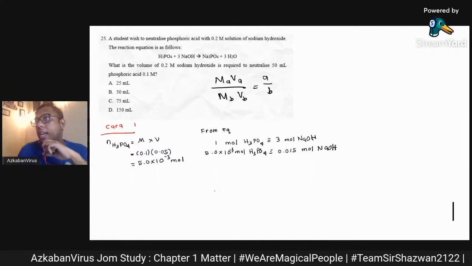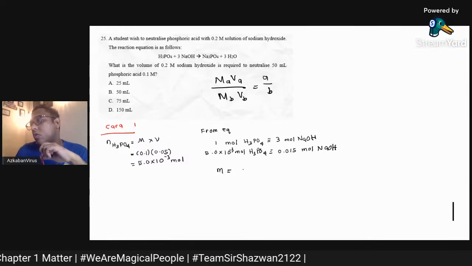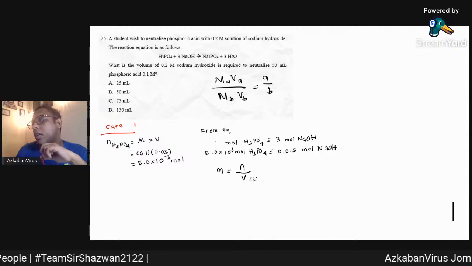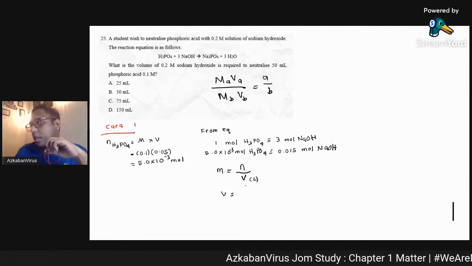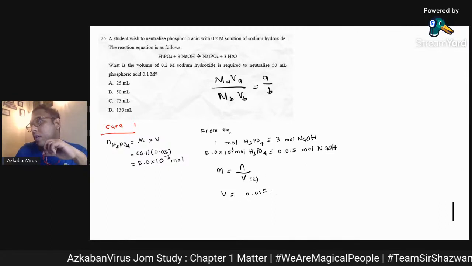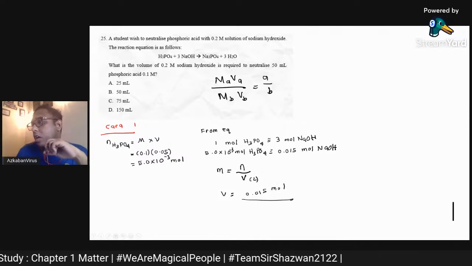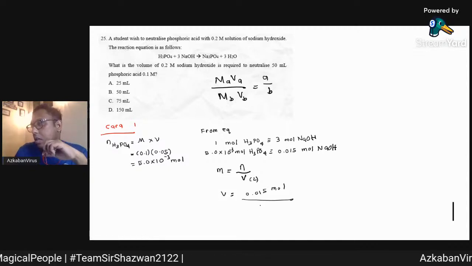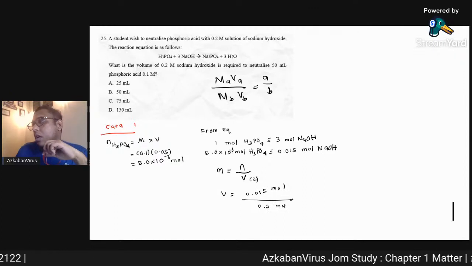And from here we can calculate the volume. We know that molarity is equal to mole of solute over volume of solution in liter. Dan kita dapat volume dia sama dengan mole kita adalah 0.015 bahagi dengan molarity kita adalah 0.2 mol per liter.